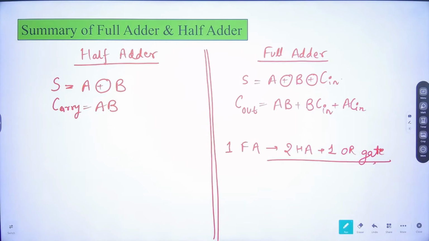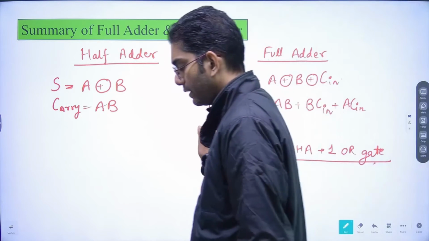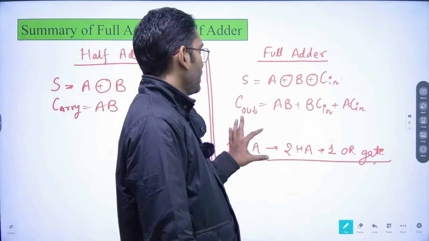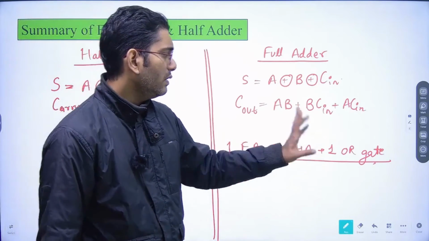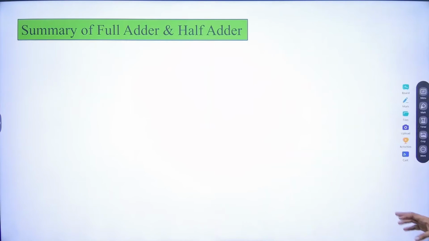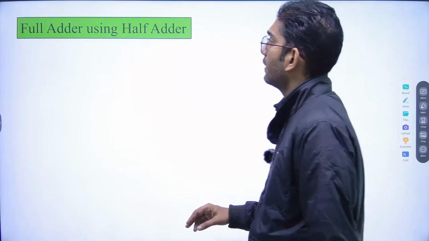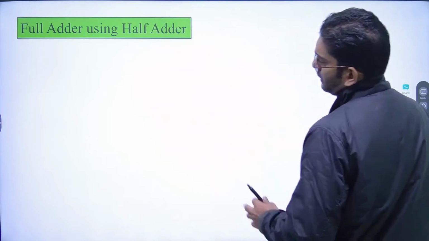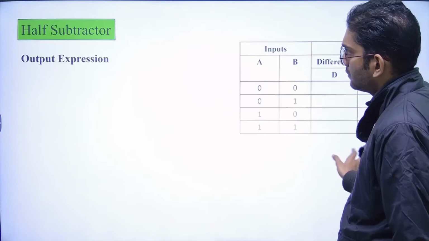In case of C out we are taking two inputs at a time, making pairs, and then adding all these. And for making one full adder we can use two half adders and one OR gate. Now, full adder using half adder, this I have already explained to you.